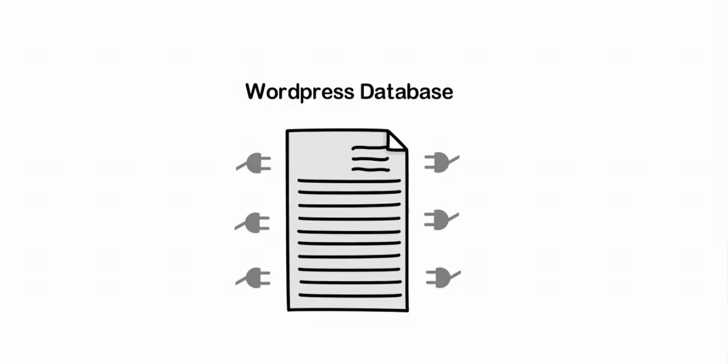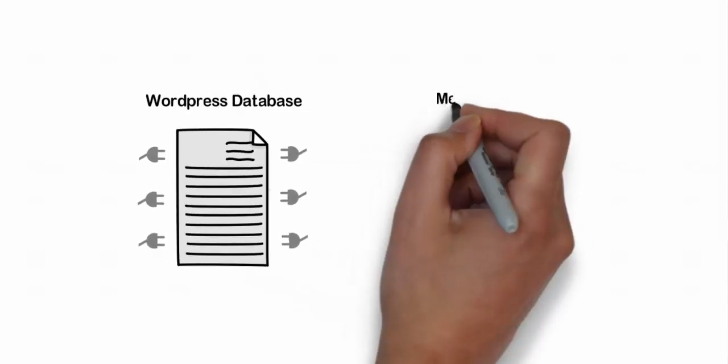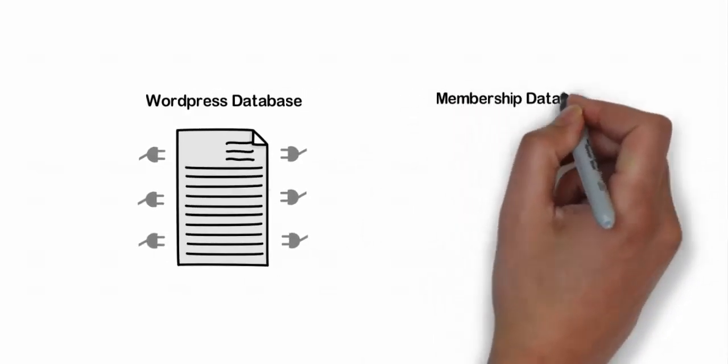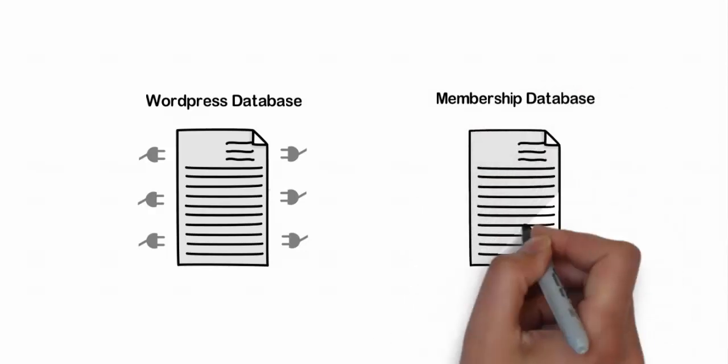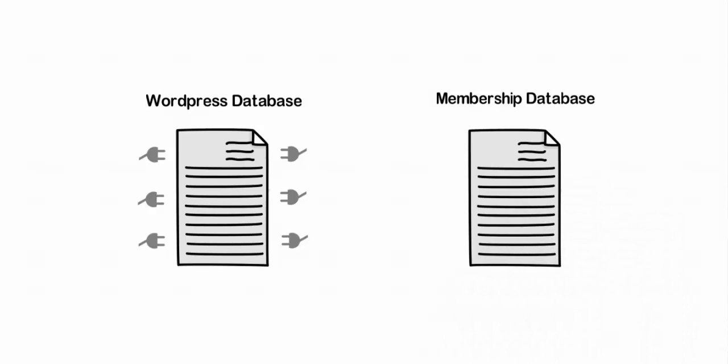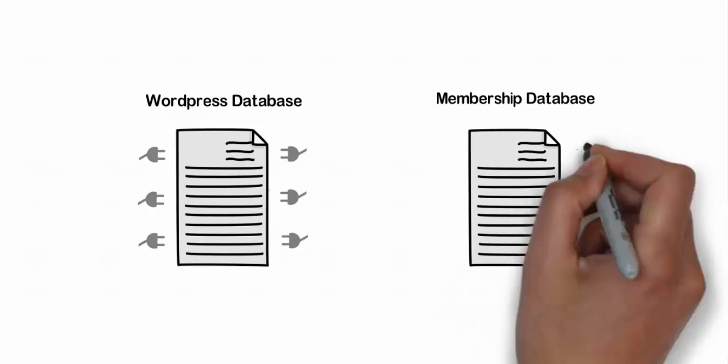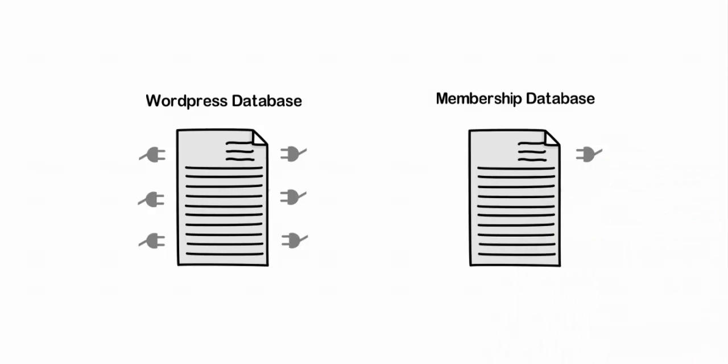They need to be able to get to the next level in order to compete with their competitors. So now I want to show you the difference between using a WordPress membership plugin and using a system like ours. Now you'll see there are two separate databases, and you'll also notice that the membership database on the right also has its own plugins for things like PayPal and MailChimp and other things you're going to need for your members.